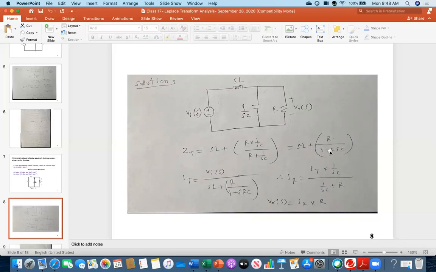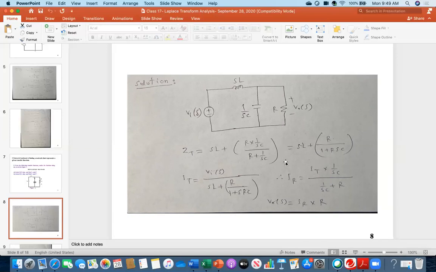And then once I got ZT, I am finding out the total current here. What is the total current? Everybody look. The total current IT is this Vi over this ZT, the total impedance. And then because you have to find Vo, you need to know the current flowing through R. So I have given the name IR to that current.